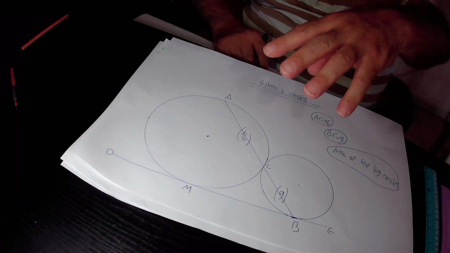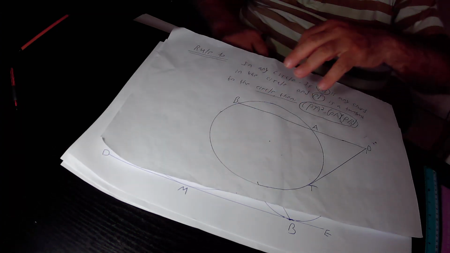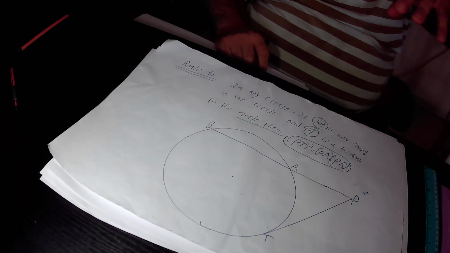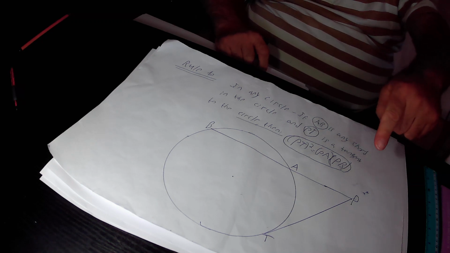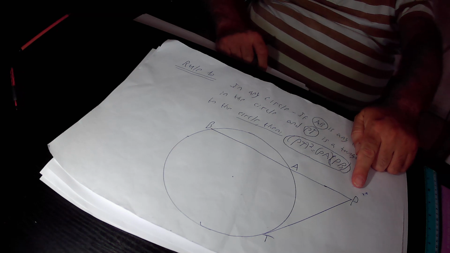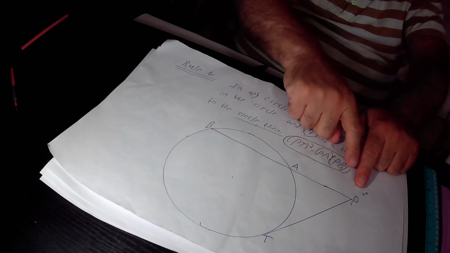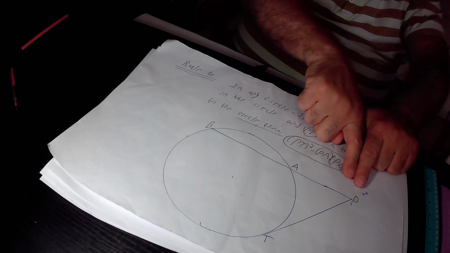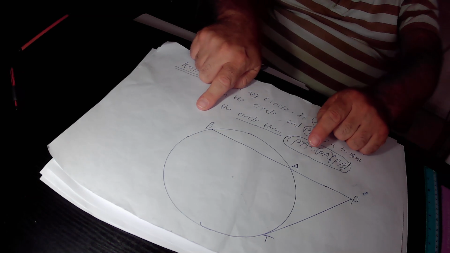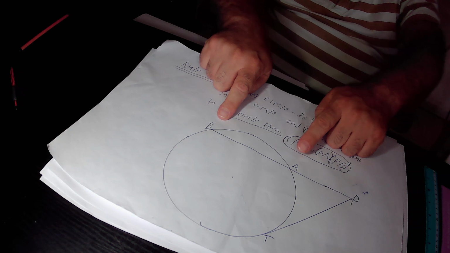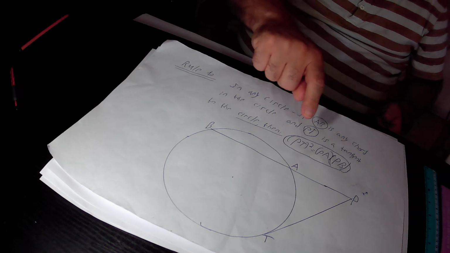And therefore, we can implement here rule 10. According to rule 10, which is true in any circle: if from a common standpoint P, we draw tangent PT, that is tangent to this circle at point T, and from the same common standpoint P, you draw a straight line in such a way that you create chord AB, then the following equation is true: PT squared equals PA times PB.